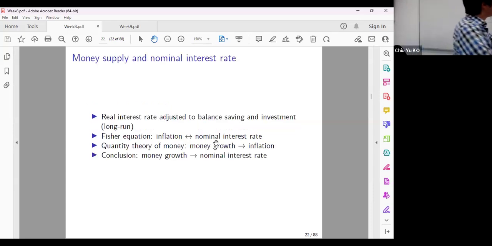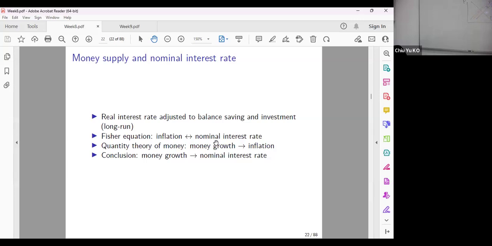Okay? And in a classical model, this is how you determine the real interest rate: demand and supply, right? And in that case, the supply would be coming from saving in the long run, because people would provide their money. And the investment is the demand side; people would need to borrow money from the market, right?